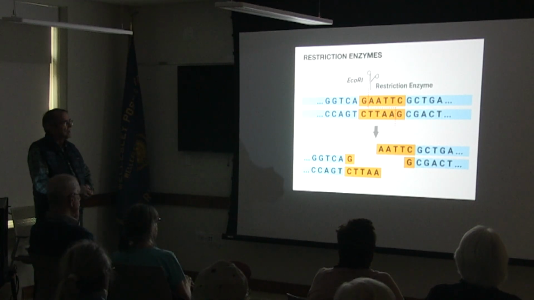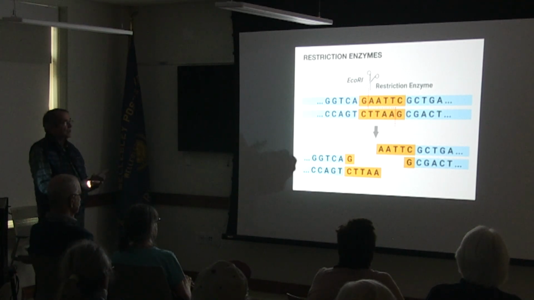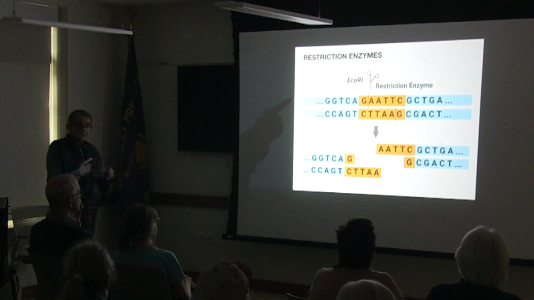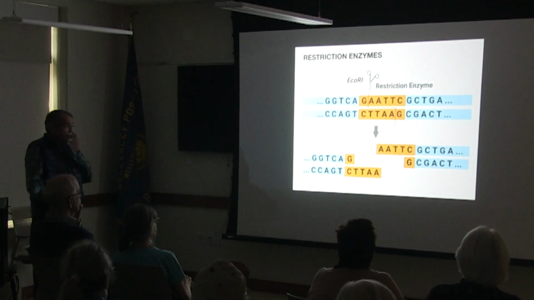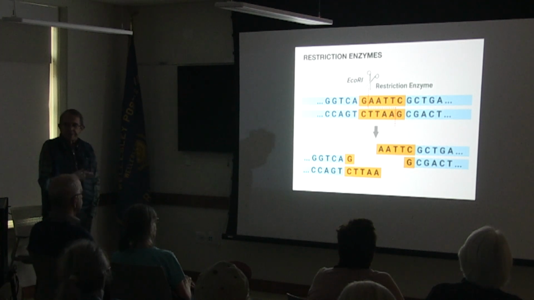GAA-TTC, GAA-TTC. Weird. This palindrome is 6 bases long. Others are longer, others a little bit shorter. Okay? So this protein came to be called EcoR1, E. coli restriction enzyme number 1, first one to be discovered.